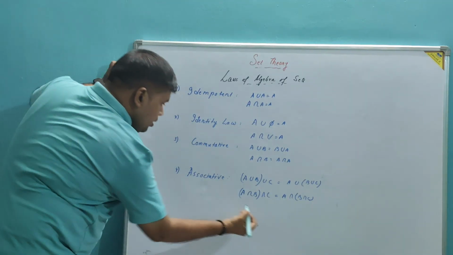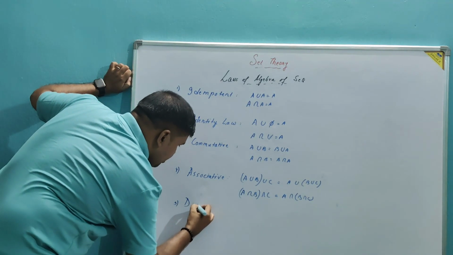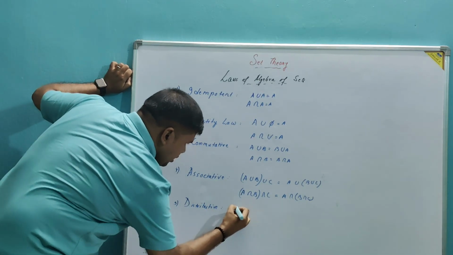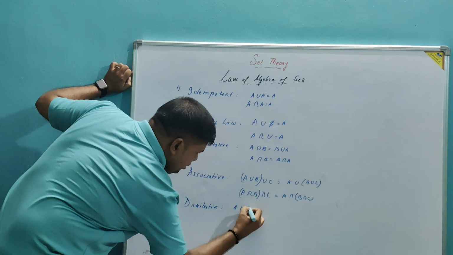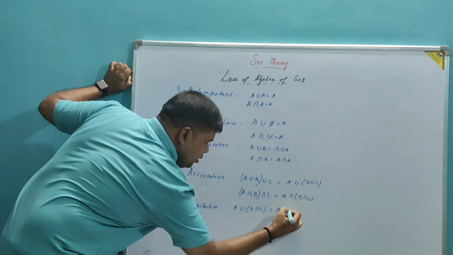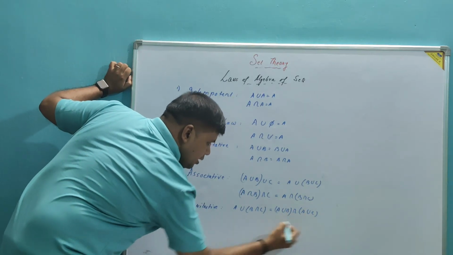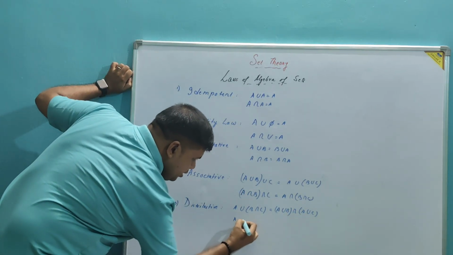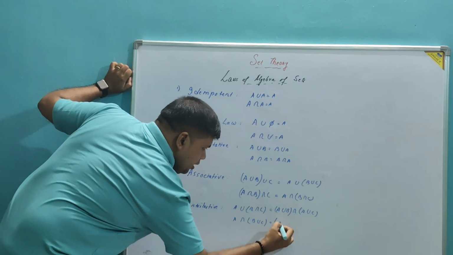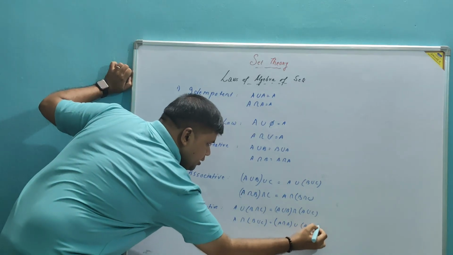Next is the distributive law. In case of distributive law, it is A union (B intersection C) will be equal to (A union B) intersection (A union C), and the other way is A intersection (B union C) is equal to (A intersection B) union (A intersection C).